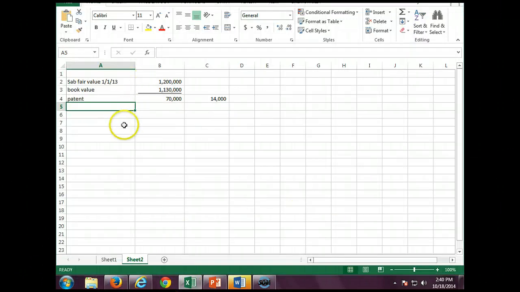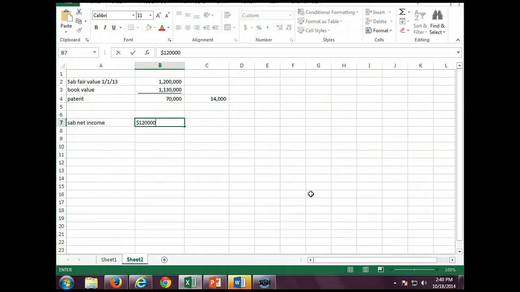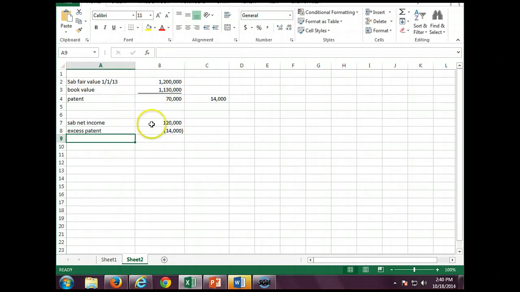So if we know that Sab's net income was how much for the whole year? 120. Then we need to take into account that excess patent of $14,000. Don't we always have to do that?